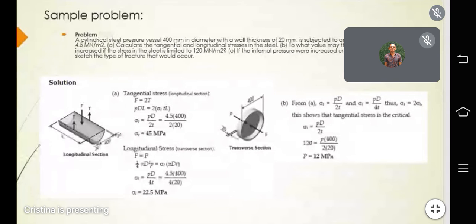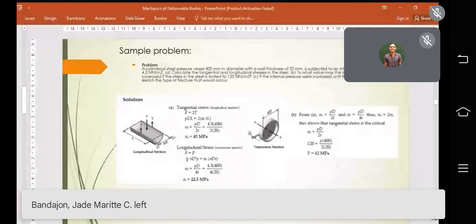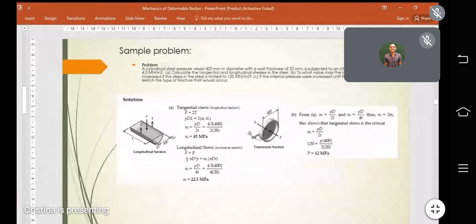For tangential stress, F is equal to 2T, or PDL is equal to 2 sigma TL, or automatically, let's just use PD over 2t. So we have a pressure of 4.5 meganewtons per m squared, a diameter of 400 mm, and 2 times t. Computing, we have 45 MPa. Easy.